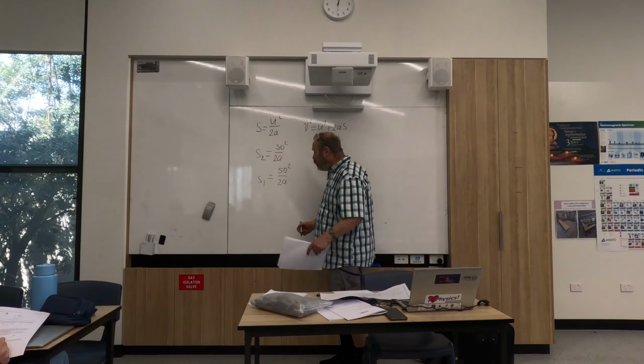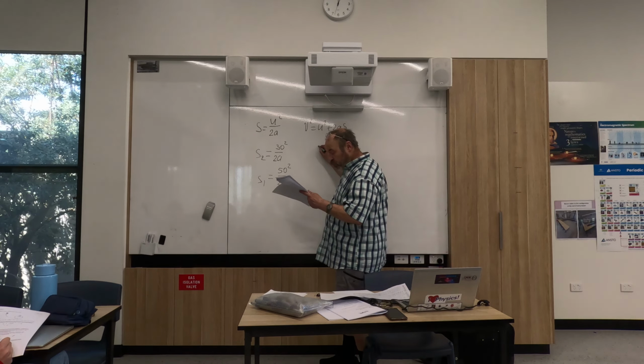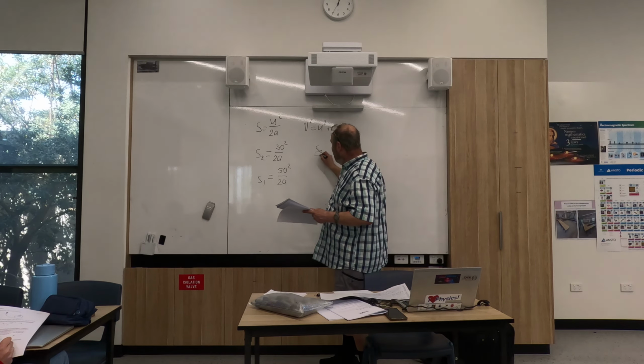Formally we should convert from kilometers per hour to meters per second, but because we find the ratio S2 over S1, it doesn't matter whether it's kilometers per hour or meters per second. So it will be 30 squared over 50 squared.